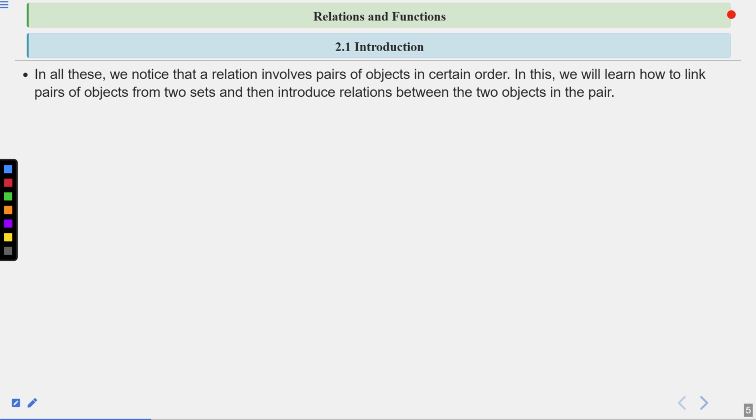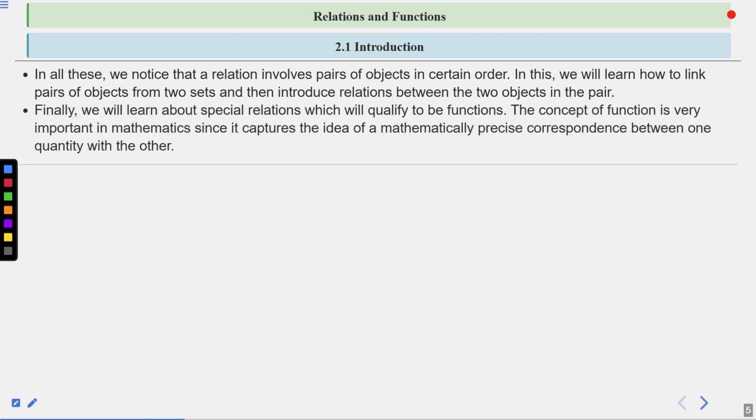So, simply, what we are going to learn is how to link pairs of objects from two sets. Then introduce that as a relation between the two objects in a pair. Finally, we will learn about special types of relations which will qualify to be functions.